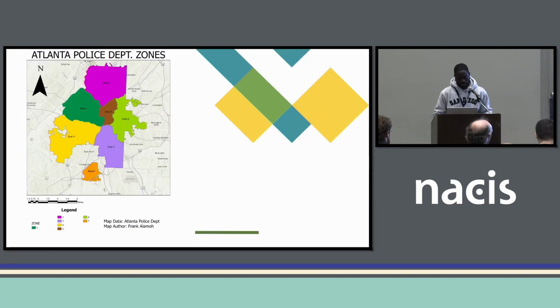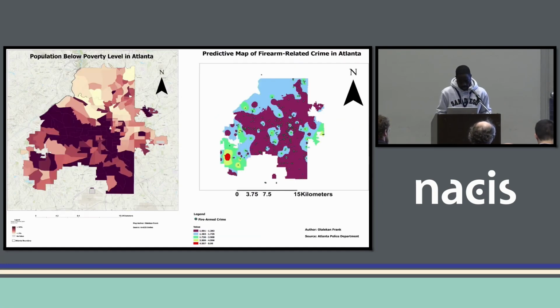Now, I also looked at Atlanta Police Department zones. In Atlanta, we have 6 police zones, and notice that zones 5 and 6 seem to have a high presence of policemen and women, and that is the exact area where the hotspot shows crime is very intensive.